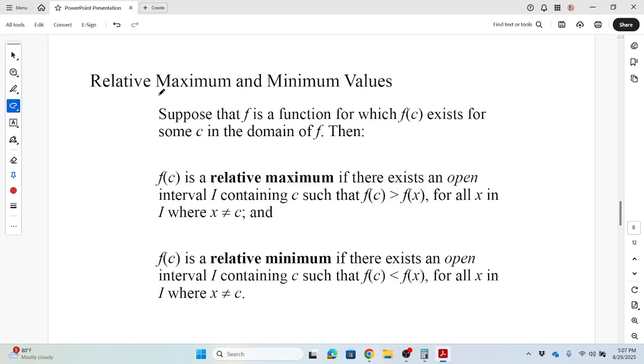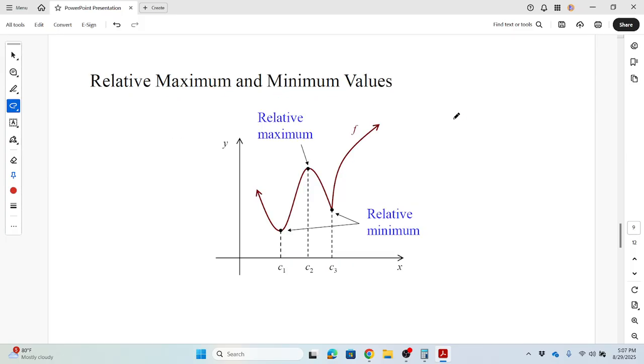So there is one very useful property we can use from the graph, that's called relative maximum and minimum. It's a little bit different than the minimum and maximum value. To understand the concept, let's look at this graph here. This value is called relative minimum, and this value is called relative maximum.